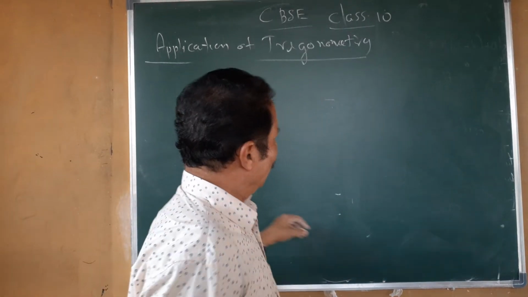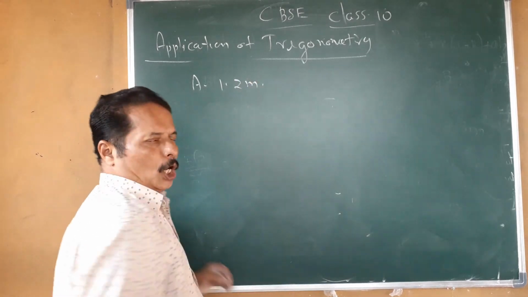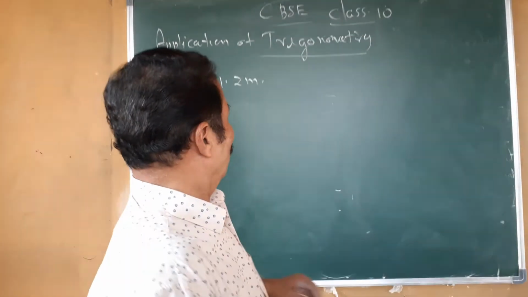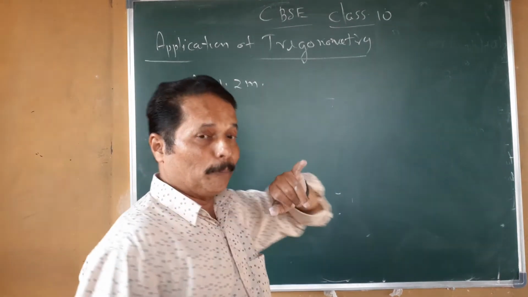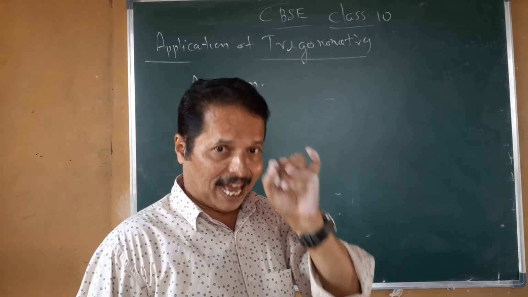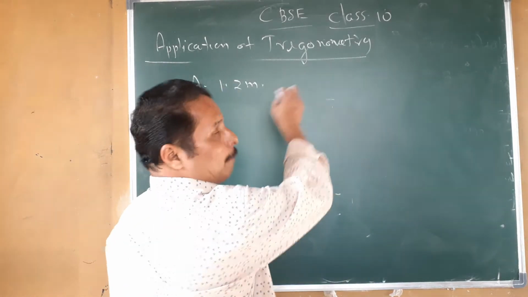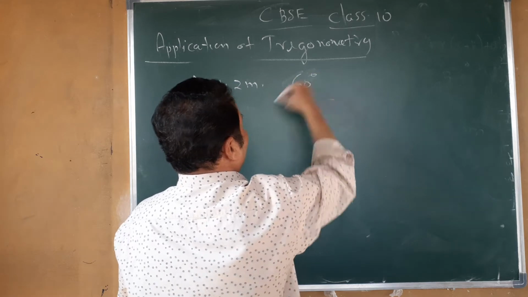One more. A 1.2 meter tall boy is looking at the top of a flat post at an angle of elevation of 60 degree.